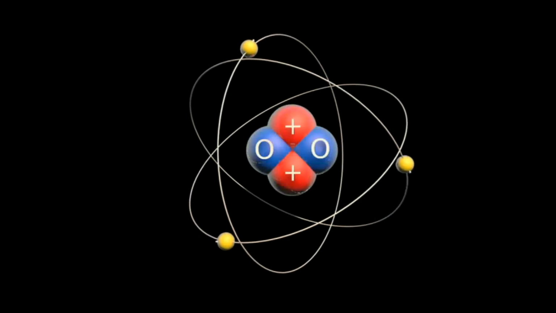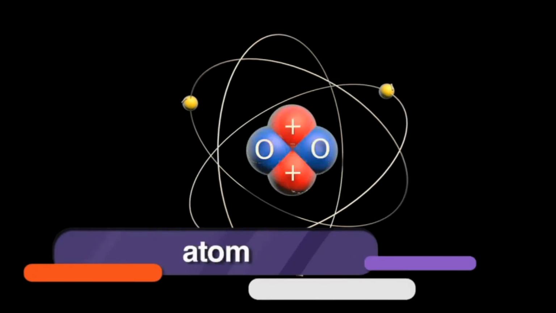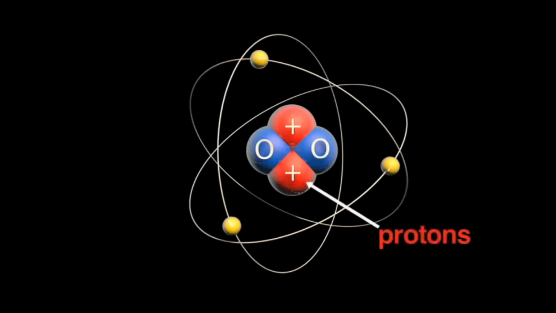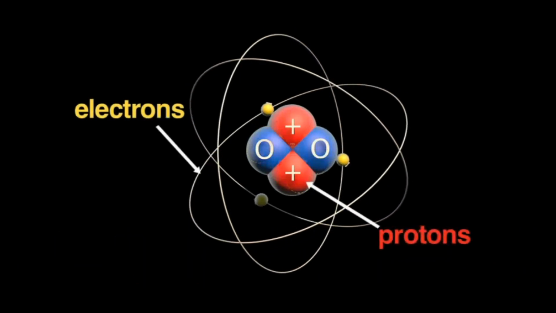You probably already know that all materials are made up of atoms. Atoms are made up of protons and electrons. Protons have a positive charge and are represented by the plus sign. Electrons have a negative charge and are represented by the minus sign.